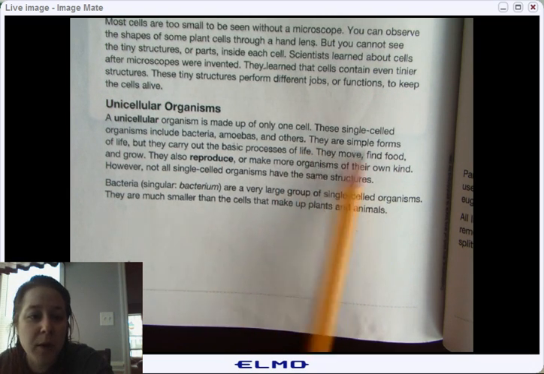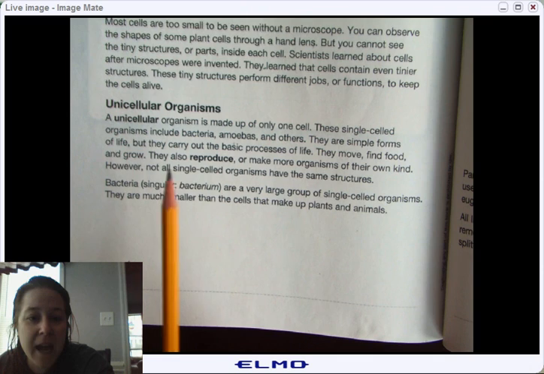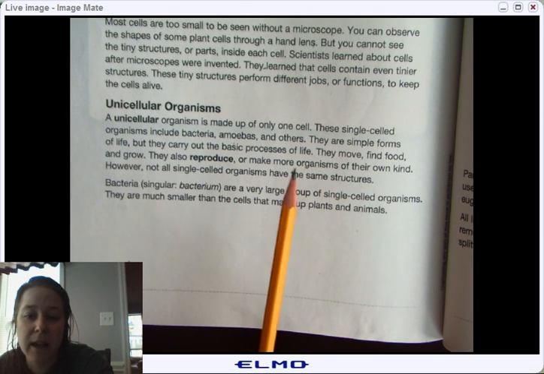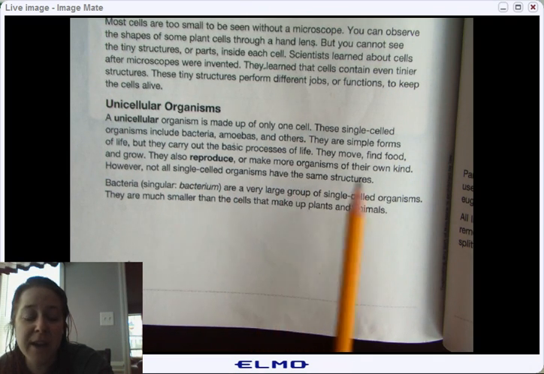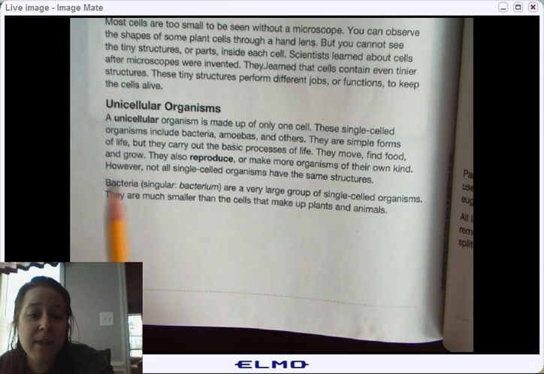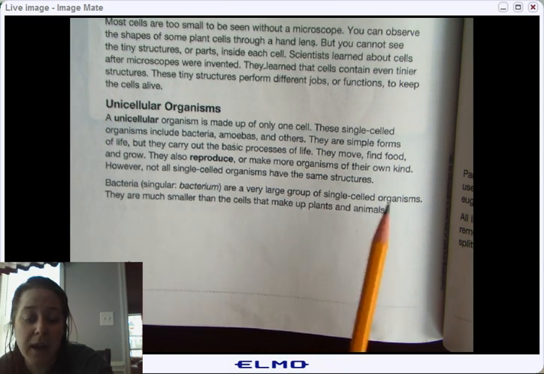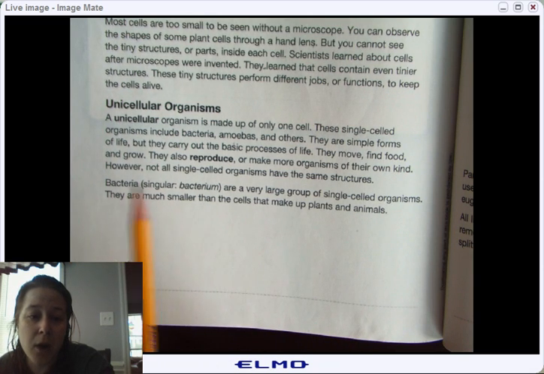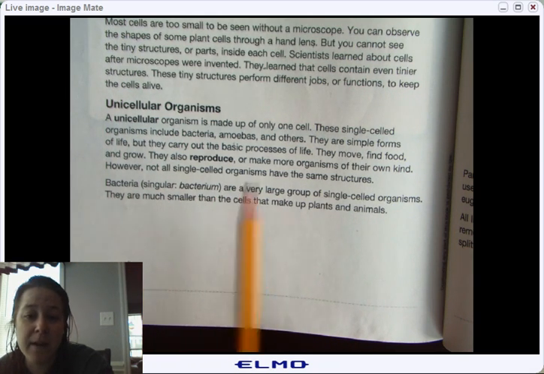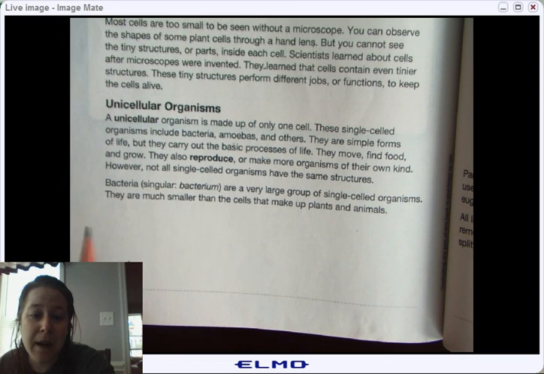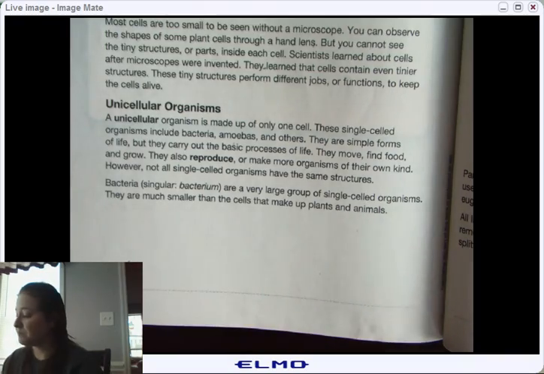They are simple forms of life, but they carry out the basic process of life. They move, find food, and grow. They also reproduce or make more organisms of their own kind. However, not all single-celled organisms have the same structures. Bacteria are a very large group of single-cell organisms. They are much smaller than the cells that make up plants and animals.